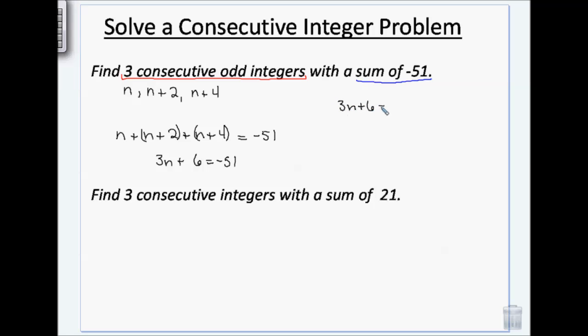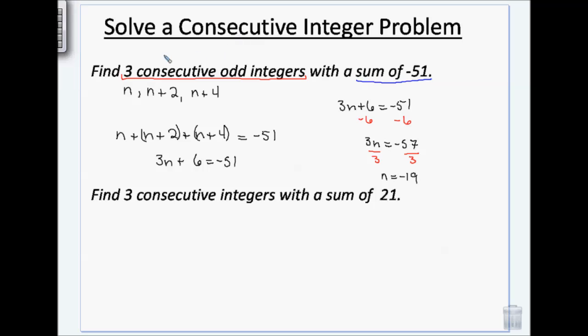If I subtract 6 from both sides, I get 3n is equal to negative 57. Then I divide by 3, and n equals negative 19. But that just told me the first one.